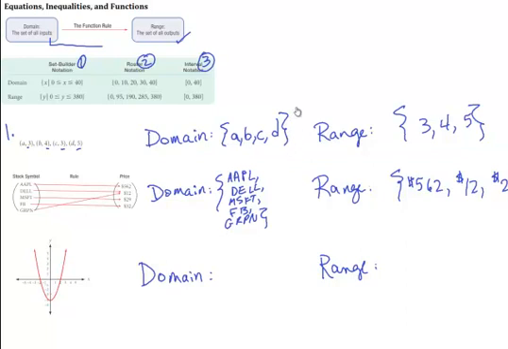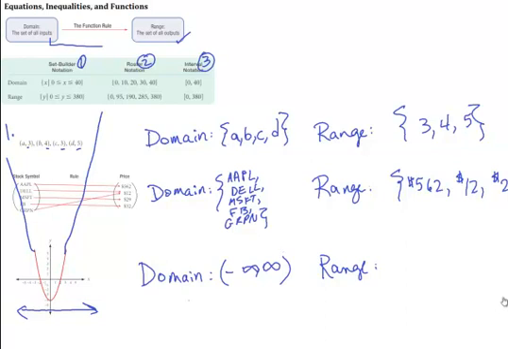So let's look at our quadratic here. Domain is a set of all x's, so I just look left and right. And I see that these have arrows on the end, so that means it's going to keep on going up and up and up, and it's never going to stop. So the domain for this is negative infinity to positive infinity, and that's interval notation.